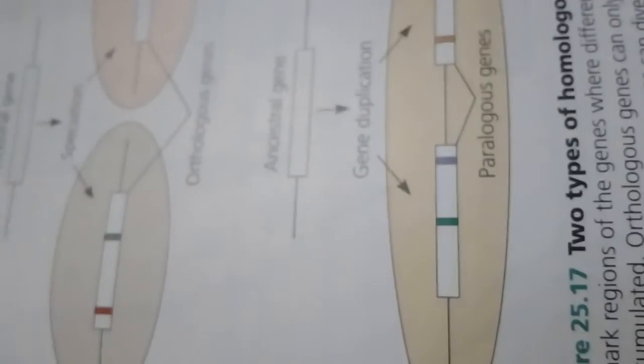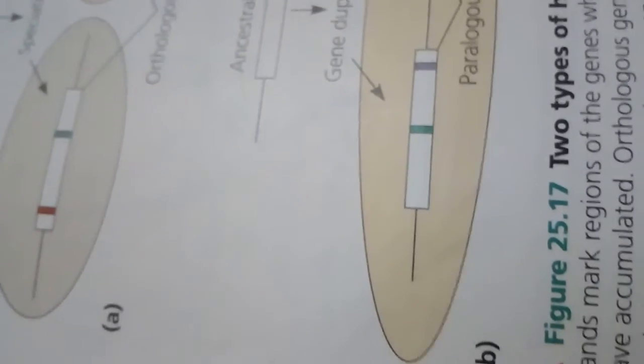Like homologous genes in different species, these duplicated genes have a common ancestor. We distinguish these types of homologous genes by different names, orthologous genes and paralogous genes.